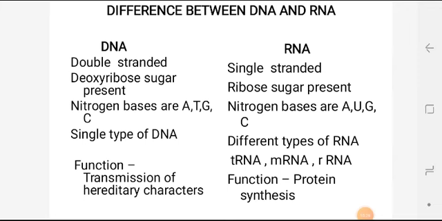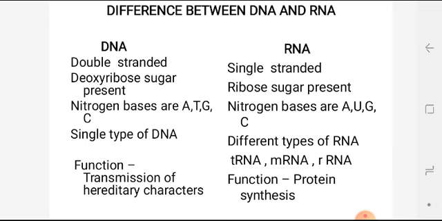Difference between DNA and RNA. DNA is double-stranded, RNA is single-stranded. The sugar present in DNA is deoxyribose sugar. The sugar present in RNA is ribose sugar.